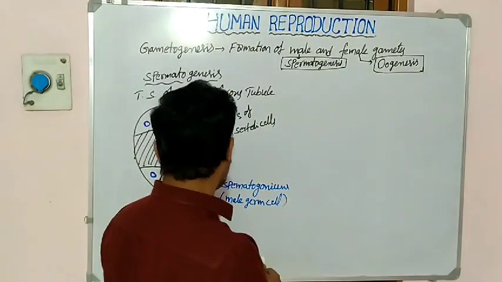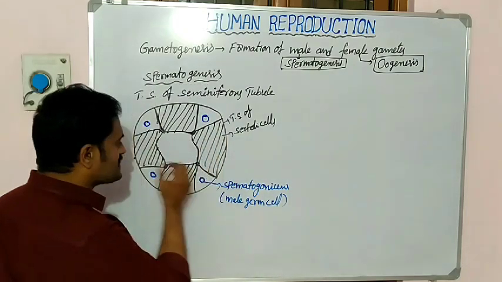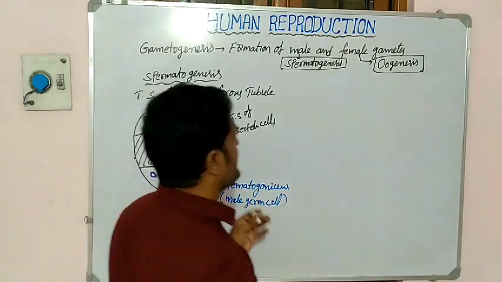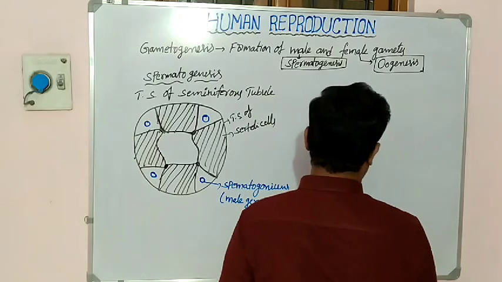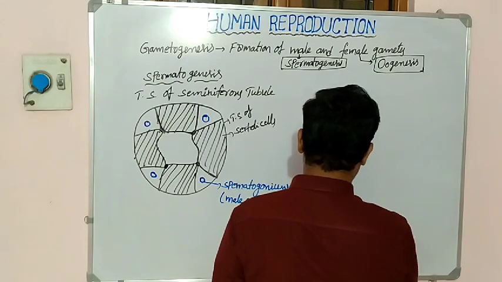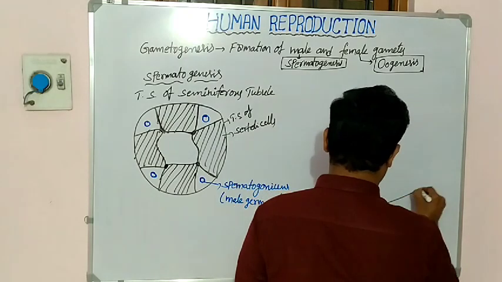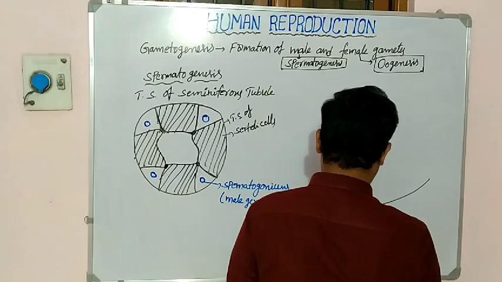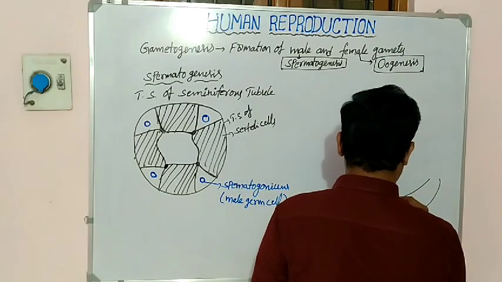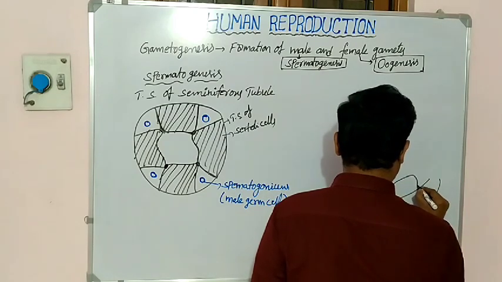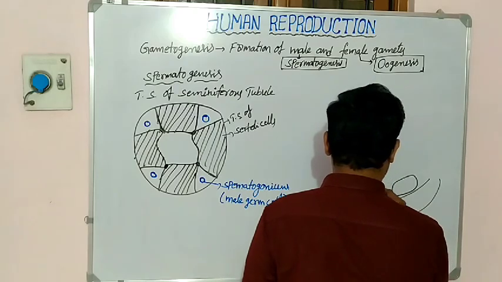See here, I will take one spermatogonium for understanding purposes. For suppose, these are the spermatogonium cells. I will take a few cells here.